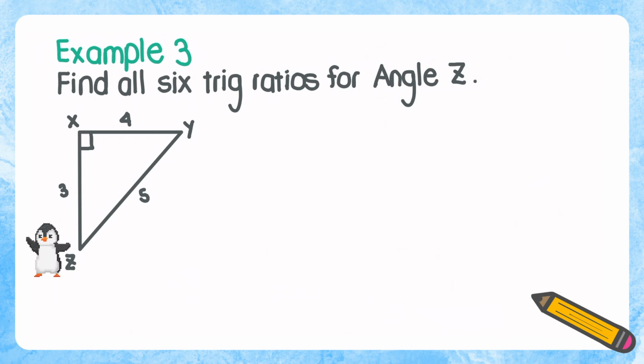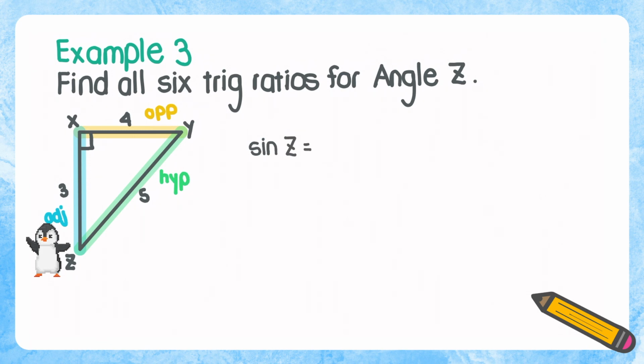So for this example, let's place our penguin at angle Z. So we have our opposite side here, and our adjacent side right next to the penguin, and lastly, the hypotenuse across from the right angle. Let's write out each trig ratio.